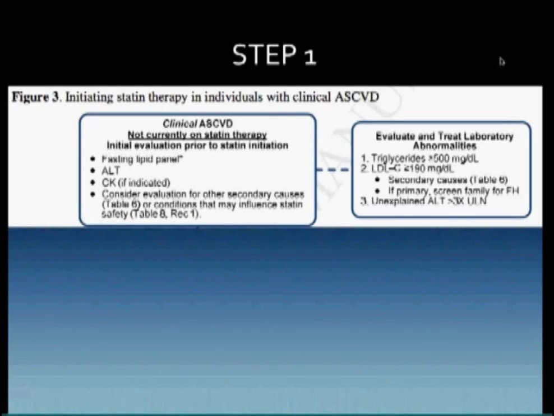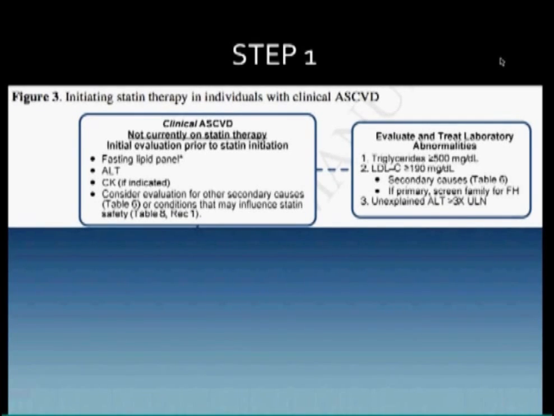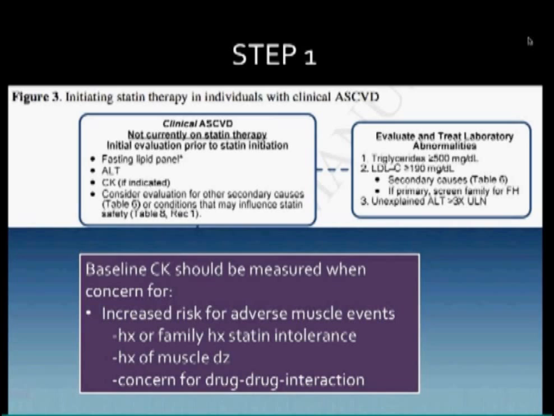If their triglycerides are greater than 500 or their LDL is greater than 190, you want to look for secondary causes, which I'll get to in a second. You also want to check an ALT level, since statins can cause hepatotoxicity. You want to get a baseline of that. You don't necessarily have to check a CK level when you're starting a statin, unless there's concern for increased risk of adverse muscle events.